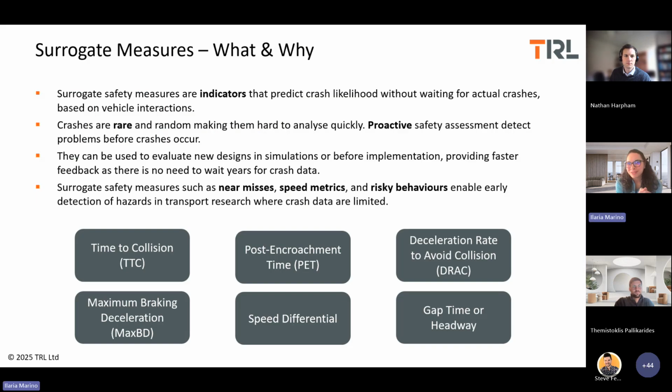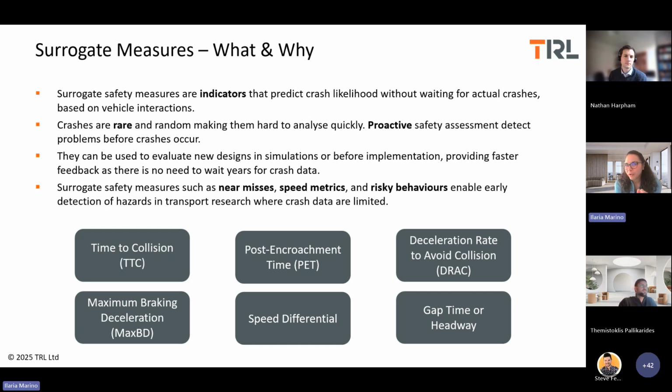So surrogate measures, why do we care about surrogate measures, what are they? Surrogate measures are indicators that are linked to the likelihood of a collision happening. And they're really useful in the transport industry as a proxy of collisions.